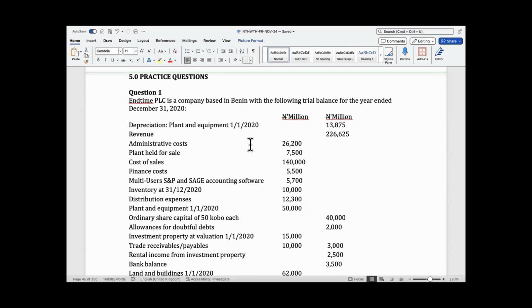It can't be the two together because statement of cash flows takes time. So Mr. Kazim will teach you that dedicatedly, how to prepare statement of cash flows. But the ones that follow one another are P&L, your statement of financial position, your statement of changes in equity. So even though you need to have good knowledge of P&L and statement of financial position so that you can understand what they are teaching you in statement of changes in position.